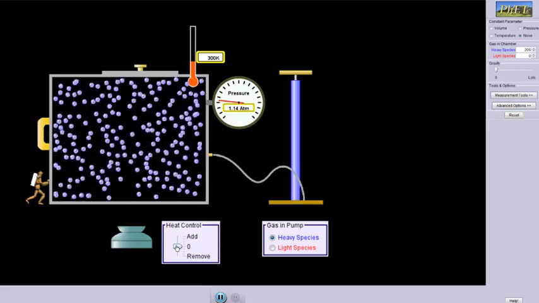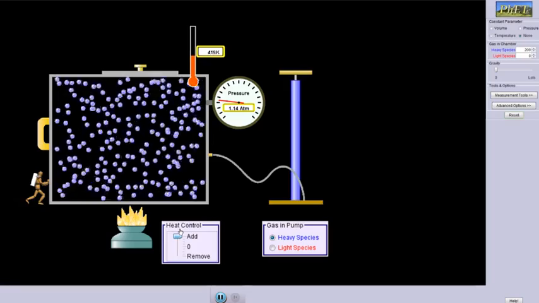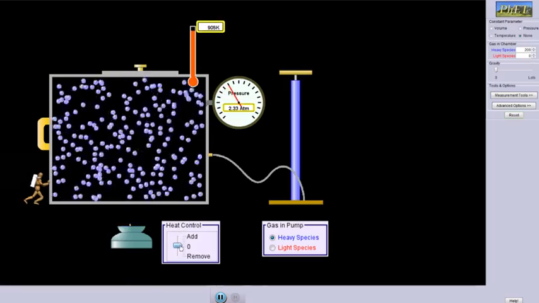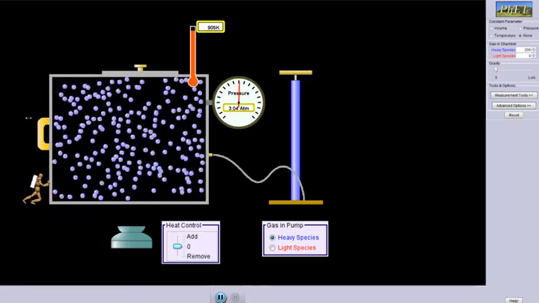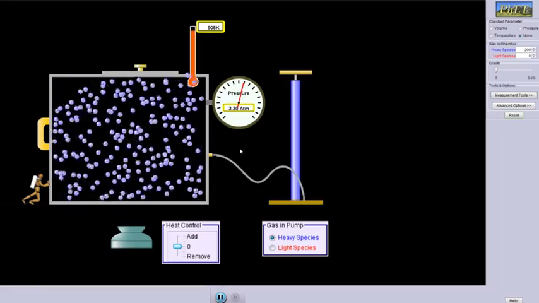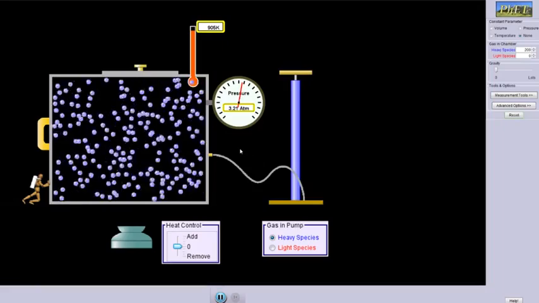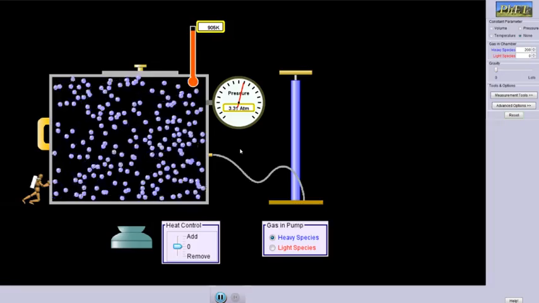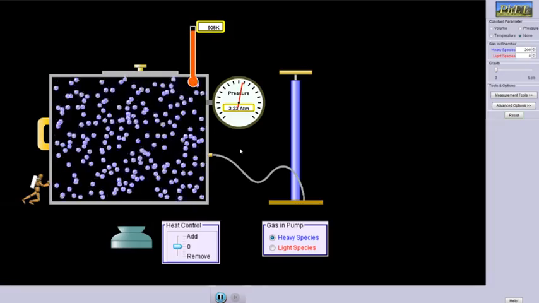Suppose we heat the gas, make a little fire here, and you can quickly see that the atoms or molecules are moving faster. And the faster they move, the higher the pressure. So temperature also affects the pressure of a gas. And in fact, those are the only two variables that determine the gas pressure.